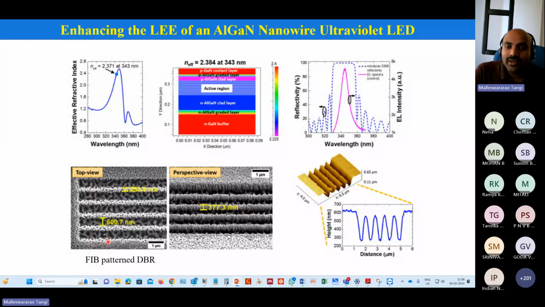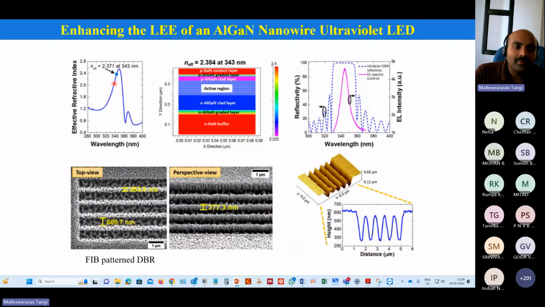We simulated a DBR reflectivity having a known thickness of air gap between nitride and air layers, and we chose these thicknesses in such a way that the reflectivity matches the emission wavelength. This is a typical device structure. This is an AFM image around the DBR pattern.